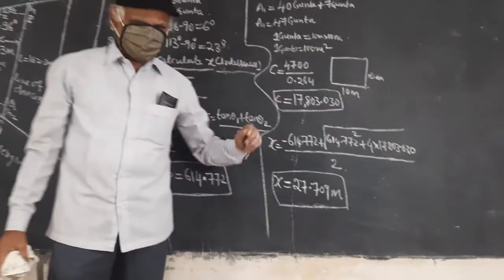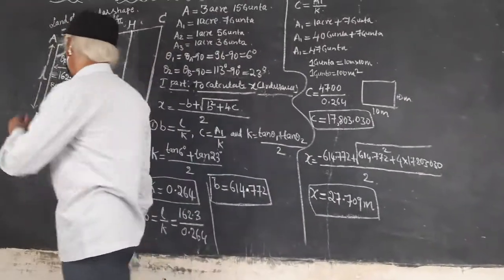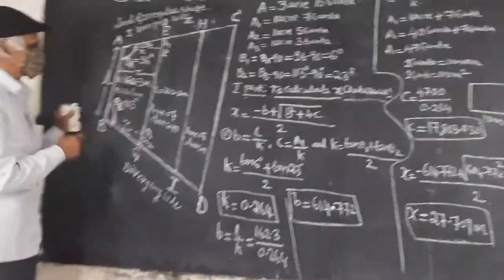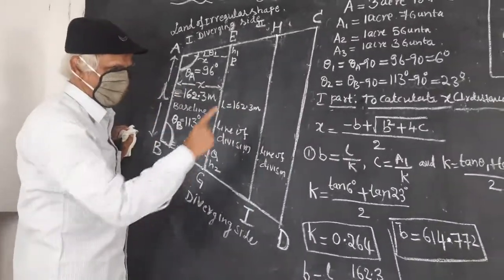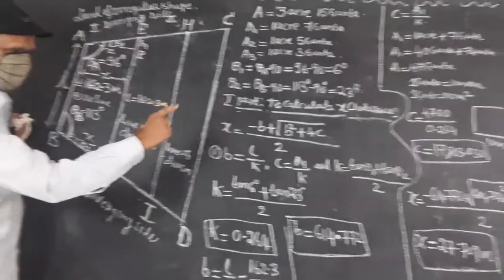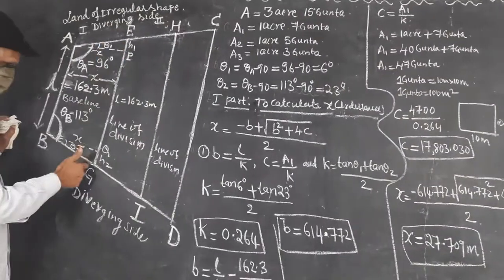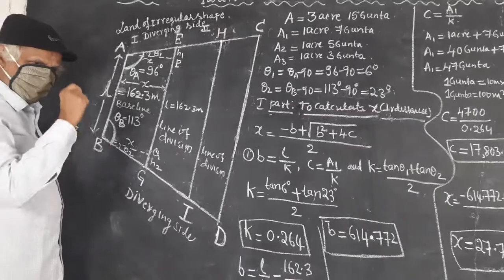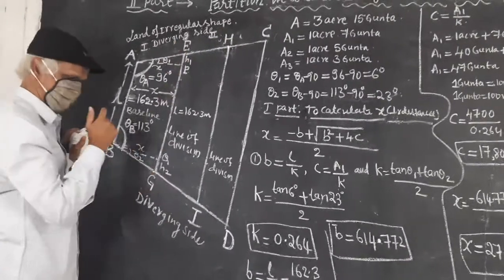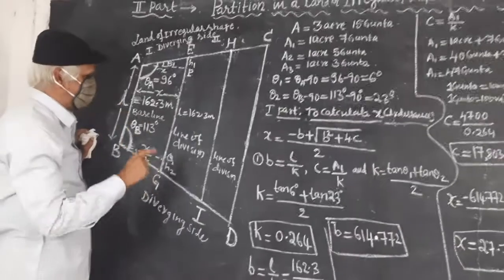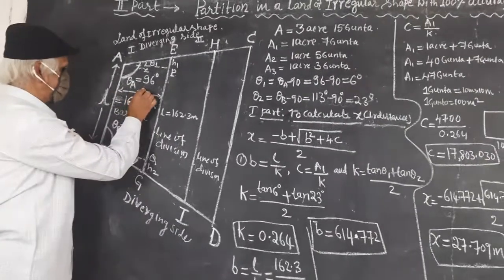Look at this. Here 27.709 meter is the distance of location of the line of division for the first partition.